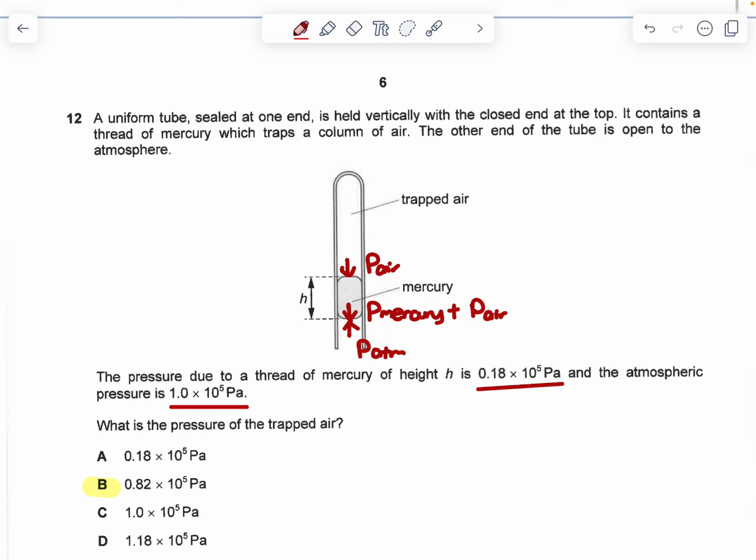So we can form the equation: pressure of mercury plus pressure of trapped air equals the pressure of ATM, atmosphere. 0.18 times 10 to the power of 5 plus pressure of air, which is what we're going to find, equals 1.0 times 10 to the power of 5.